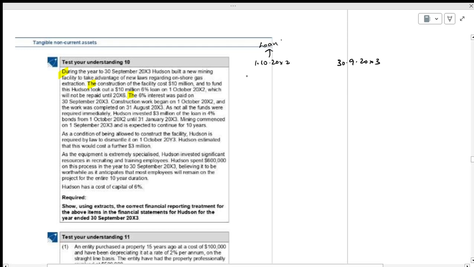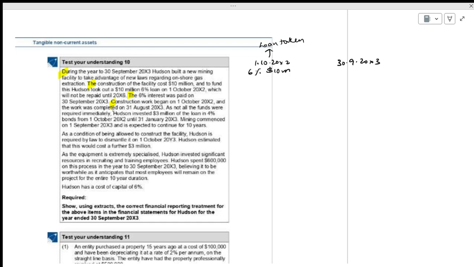Loan taken: 10 million at 6%, to be paid till 2006. The 6% interest was paid on 30th September. Construction work began 1st October. The moment construction work began, we have to take interest. This is what the borrowing cost rule says.